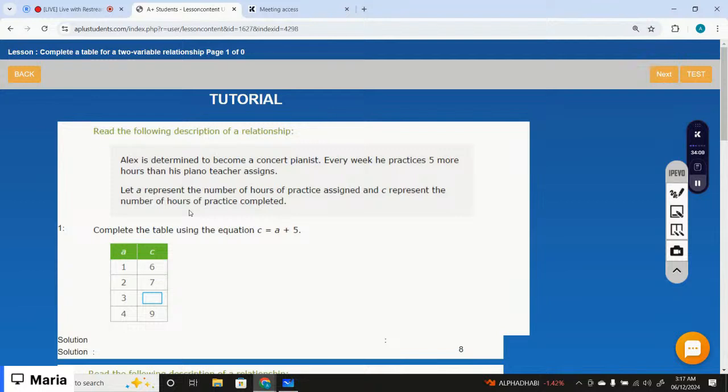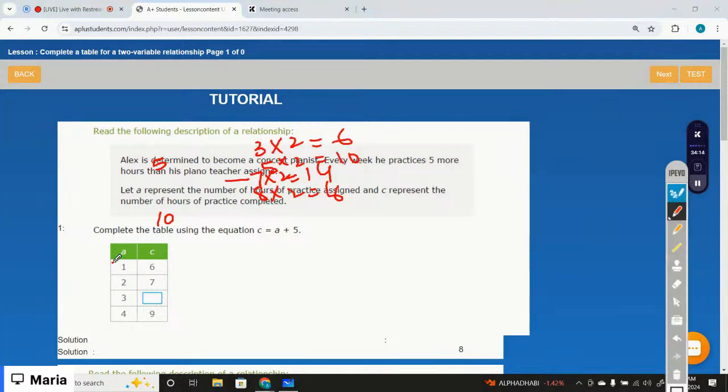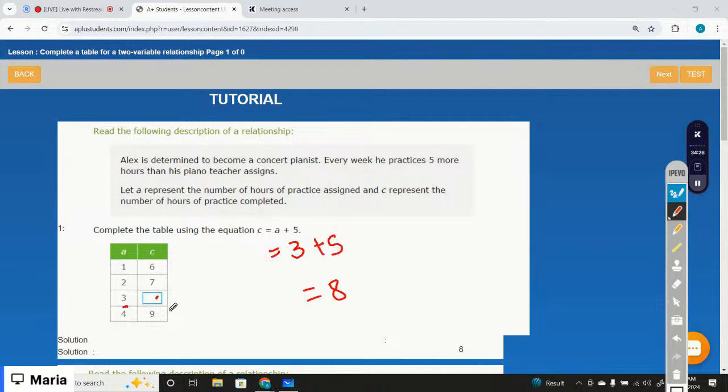So you have to do A plus 5, right? Here is A and here is C. You need to calculate the value of C when A equals 3. So replace A in the equation. A is 3, so 3 plus 5 is 8. So that is 8. The correct option is 8.